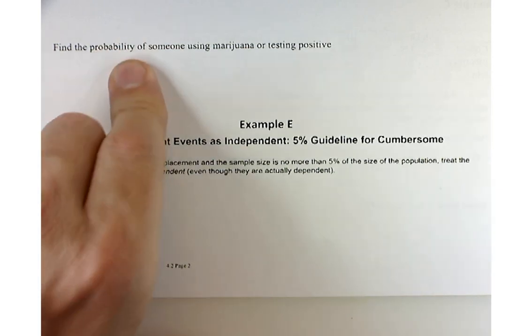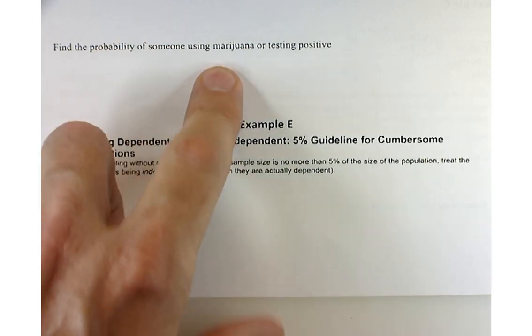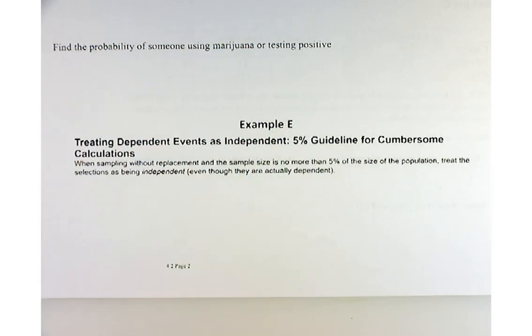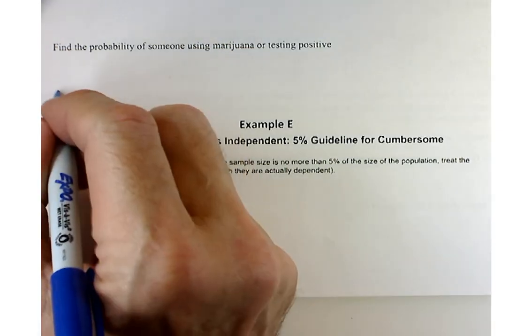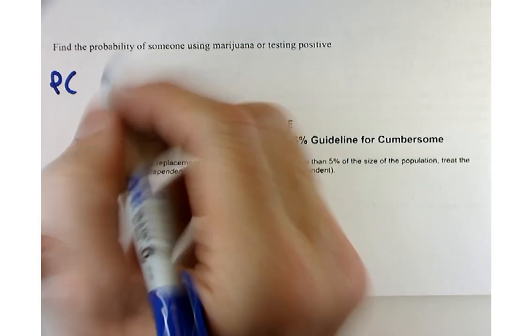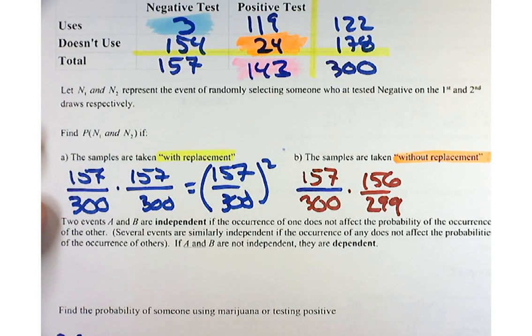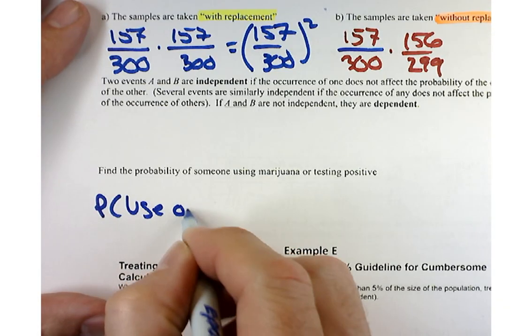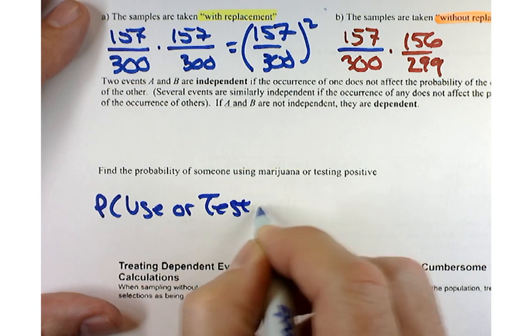Last but not least, find the probability of someone using marijuana or testing positive. This is a good review of some of the stuff we just did. Probability that somebody uses marijuana, or tests positive.